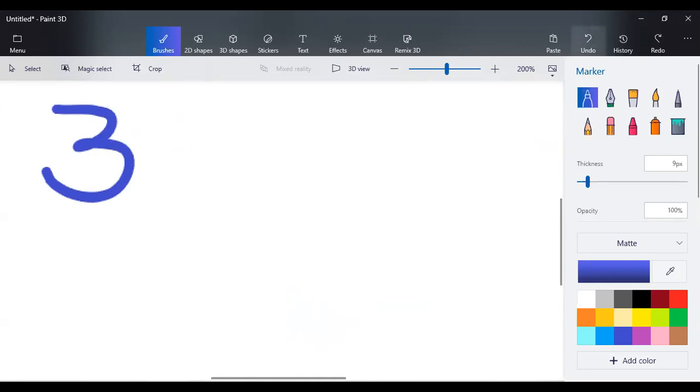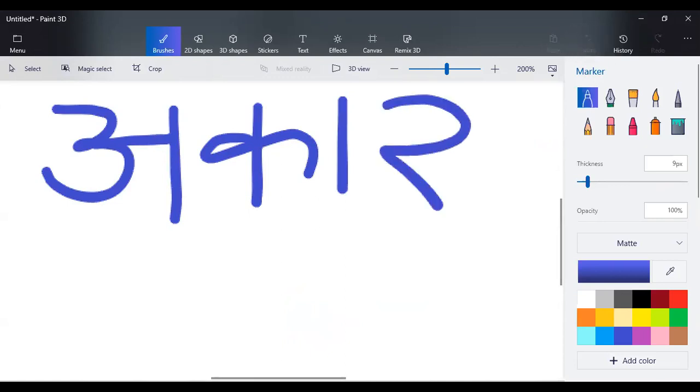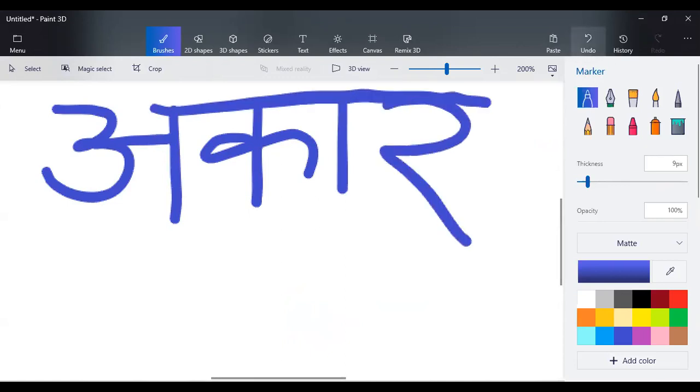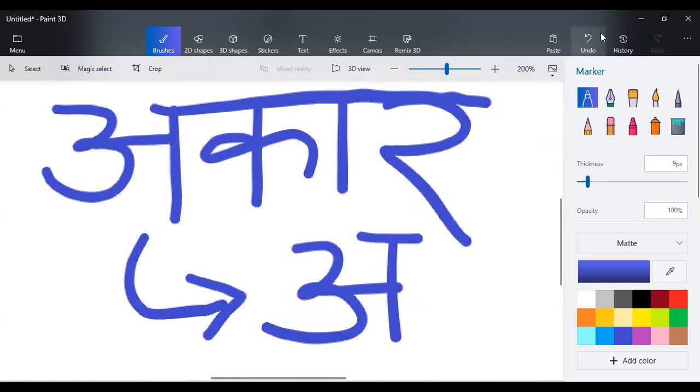I'm writing kara in Sanskrit. You can see now. What is the letter ka? You know it now. The consonant vowel combination, and ra. Akara means the letter a.